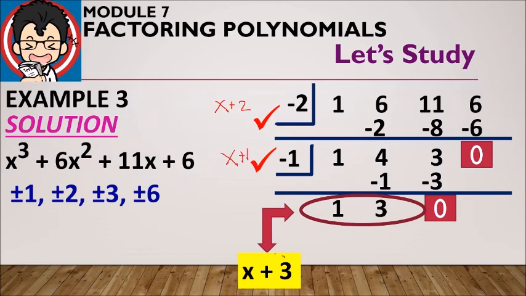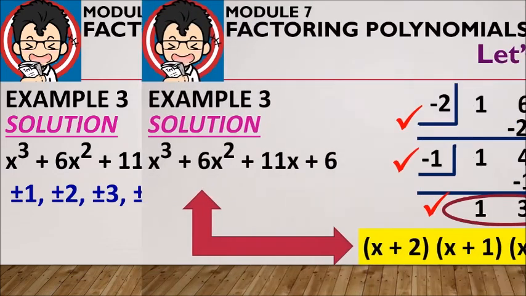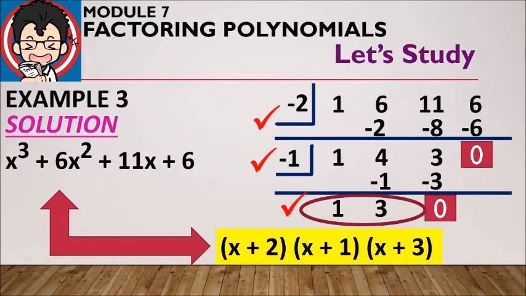And then dito, we have x plus 3. So, it means, nakumpleto na natin yung mga factors niya. Alright? Finally, the factors of x cubed plus 6x squared plus 11x plus 6 are x plus 2, x plus 1, and x plus 3.